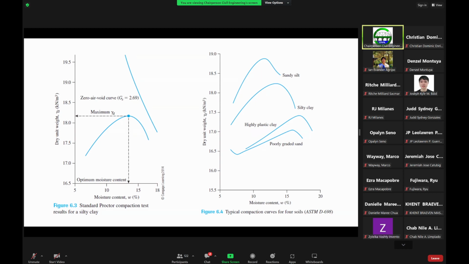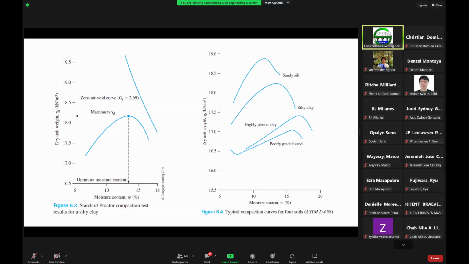Now this plot should not exceed the plot for the zero air void curve. That means here you don't have voids anymore, that is well compacted. So that means you have a degree of saturation of 100%, so there's no air.